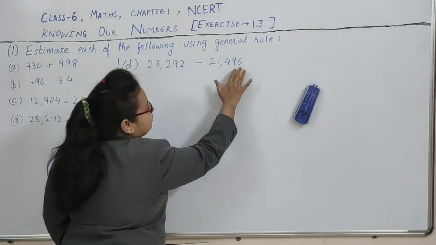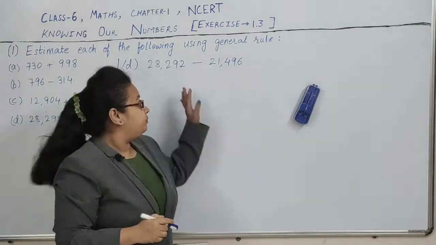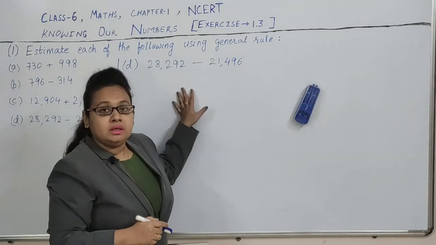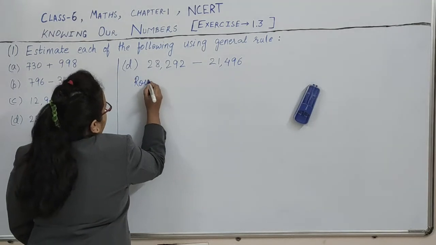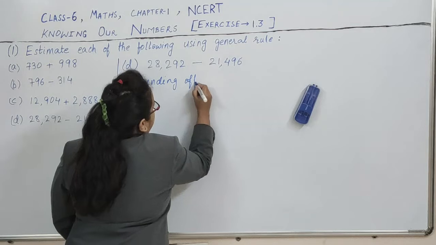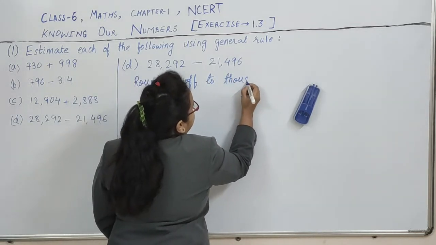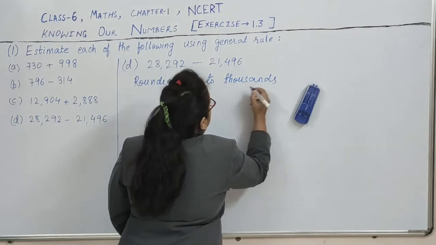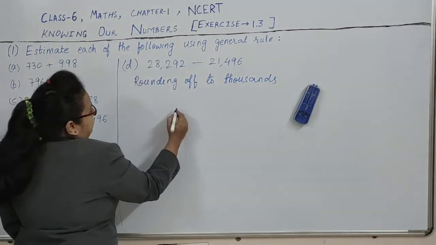So we will round off both these numbers to the thousands place. Rounding off to thousands because both these numbers are in thousands.